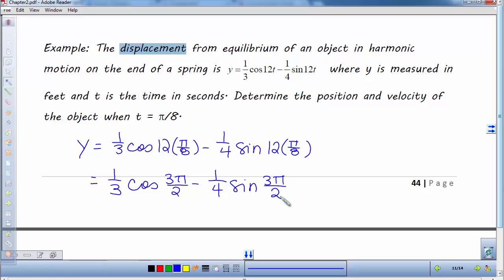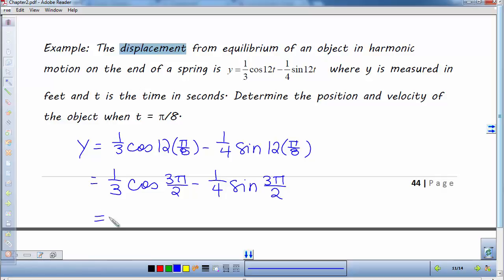Well, 3 pi over 2 is actually one of our quadrantal angles. That's at how many degrees? 270 degrees. So we know that cosine of 270 degrees is 0.